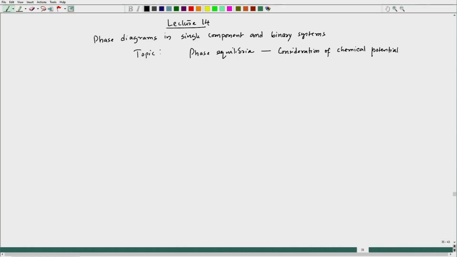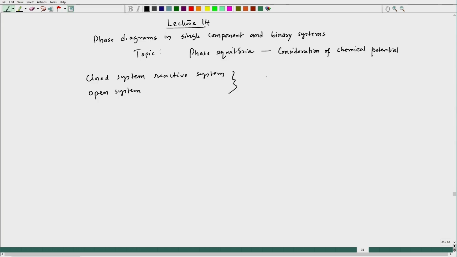So, now let us look into those variables again. Today's lecture is where we get into the phase equilibria part, and the consideration of chemical potential. Now, we see the closed reactive system and the open system.